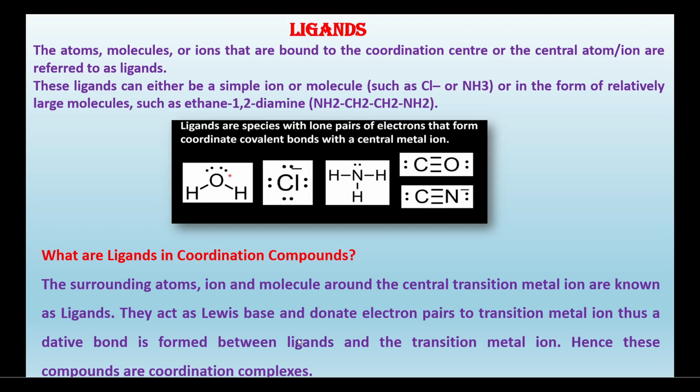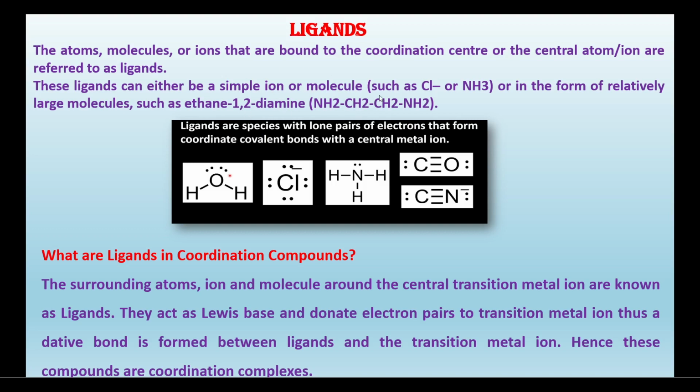The species that form this coordinate bond are called ligands. Ligands are attached to the central metal atom, meaning the metal is bound to the ligand. Here you can see ethylene diamine.